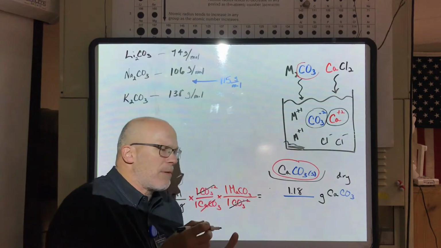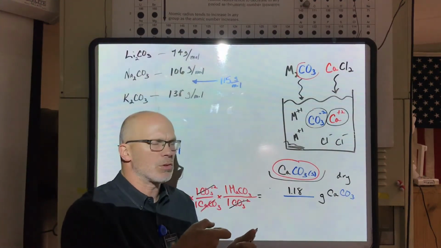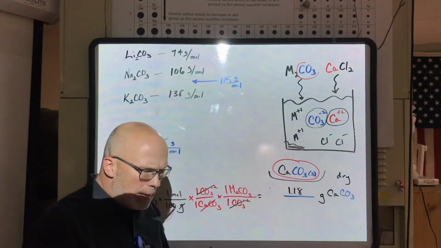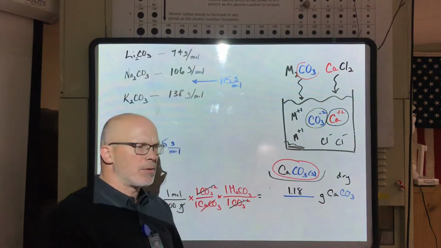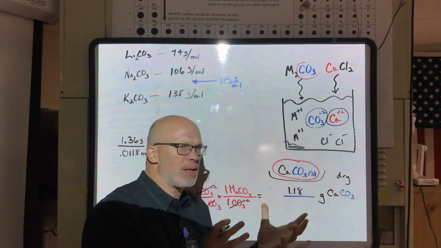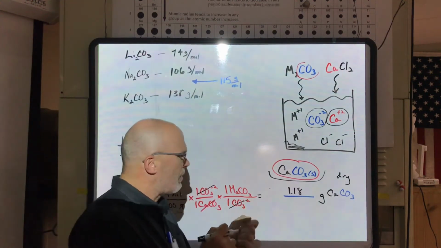We could have left some of it in the beaker behind. I know we were trying to wash out the beaker. We were also trying to wash off the stirring rods and everything else, but inevitably there's going to be some precipitate that we don't collect. And it's very difficult to get all of it.